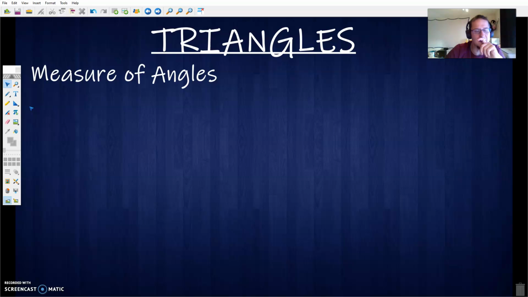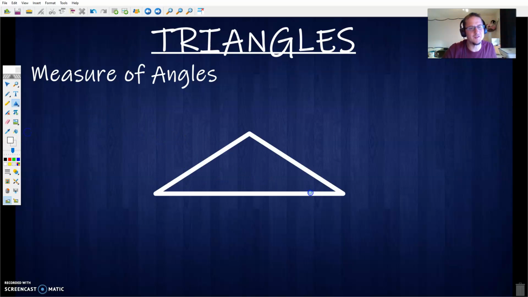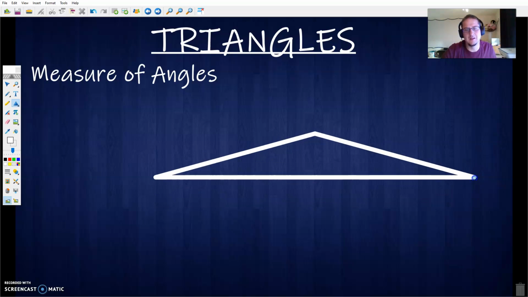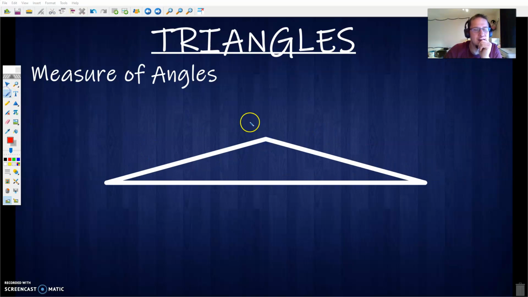So, measures of angles. This is where we're getting more specific. Let's use a few examples. Okay, so let's just draw a triangle. I'm just going to estimate angles here because I just kind of drew that. Let's say this one is 120 degrees.